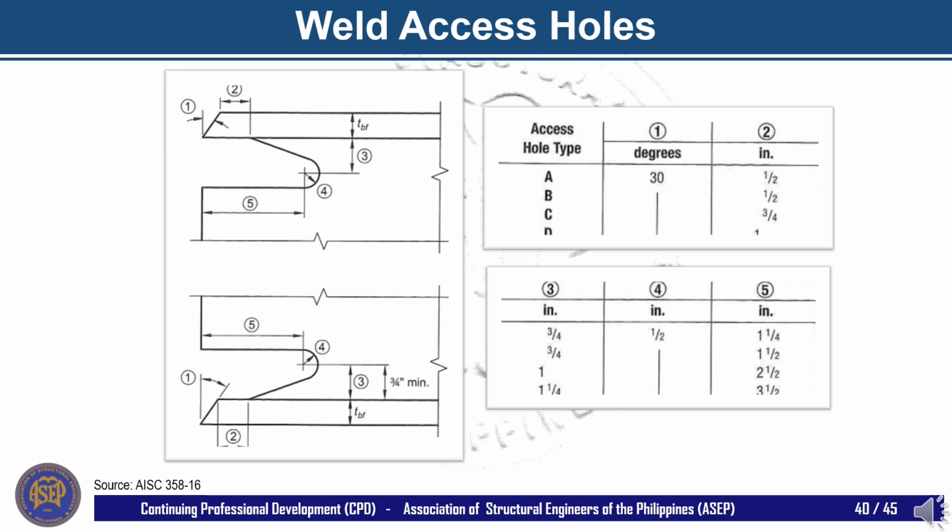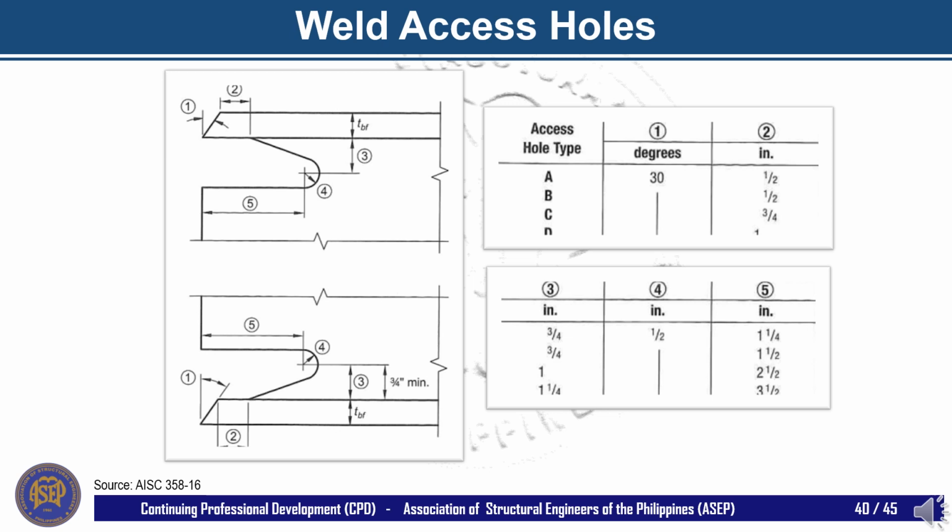Now, the AISC Prequalified Connection Standard, or AISC 358, has special requirements for weld access hole geometries in some situations. In addition, weld access holes are required to be fabricated free of unacceptable notches and gouges that may serve as stress concentrators.